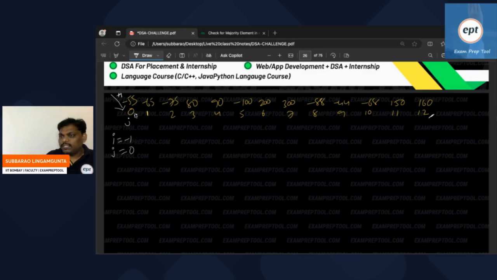So j will ask, a of 0: hello, the number in the 0th place, are you positive? No. Whenever j finds a positive, j will happily move. If it is not positive, j will stop. Then i will increment by 1, then swap a of i, a of j. So it will swap with itself.